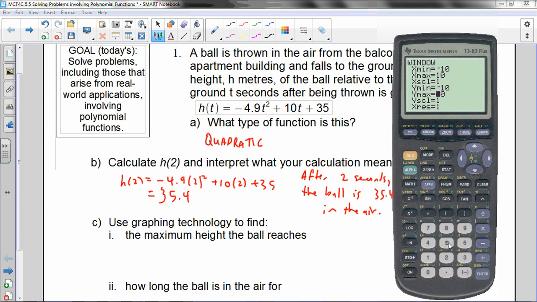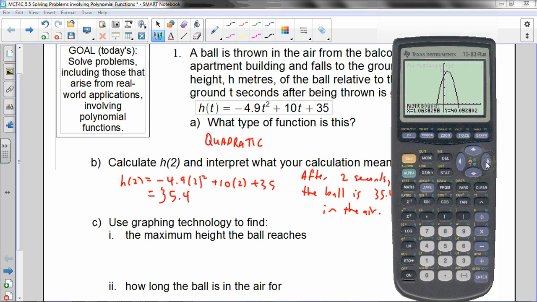So we need to go up a little bit higher. And this is kind of like a trial and error business here. Maybe go up by 10s each time. That doesn't look too bad. Find the maximum height of the ball. Maximum, left of the maximum, right of the maximum. Remember, I can type in values if I don't want to use my scroll buttons.